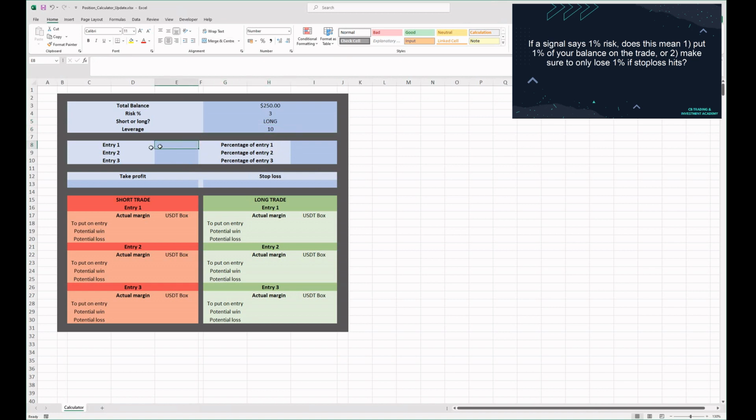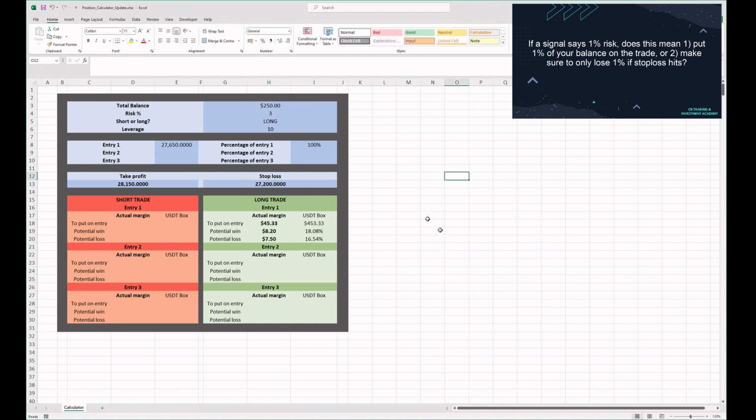Let's say this is Bitcoin, so we're entering long at 27,650 with just one entry, so that entry is 100%. We're taking profit at the trading range high, which is about 27,850 at the moment, and we put a stop loss at, let's say, 27,200.